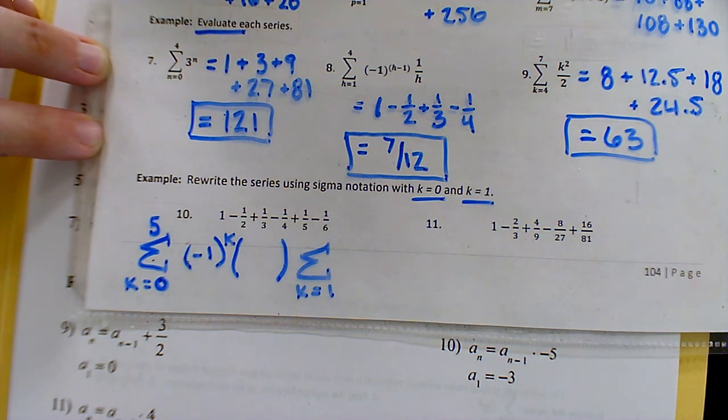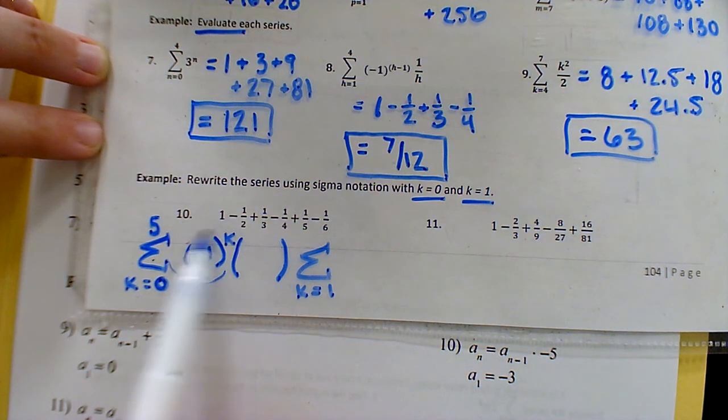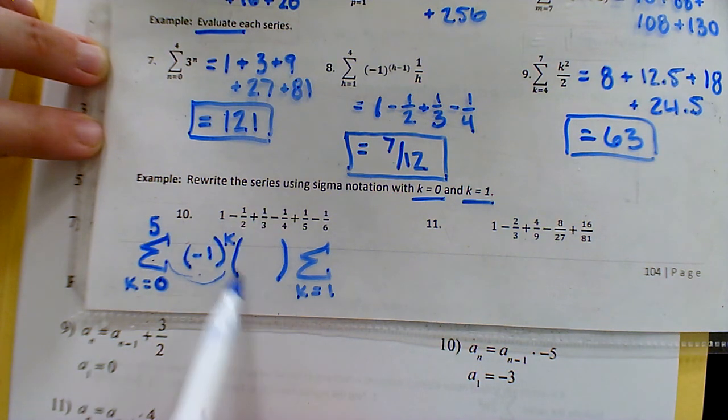Yep. So if I plug in 0 for this k, this is going to become a +1, so +1 times something needs to still give me a 1. Whatever I write in here, when I plug in 0 for k, this has to be 1.